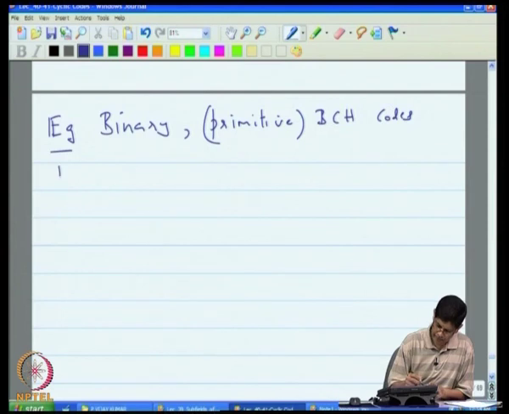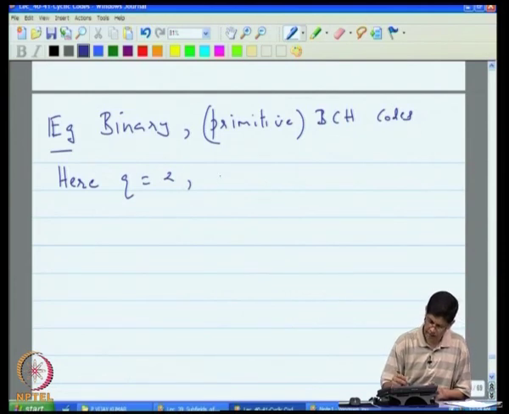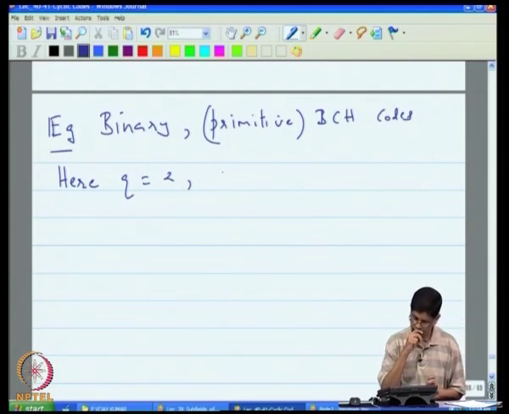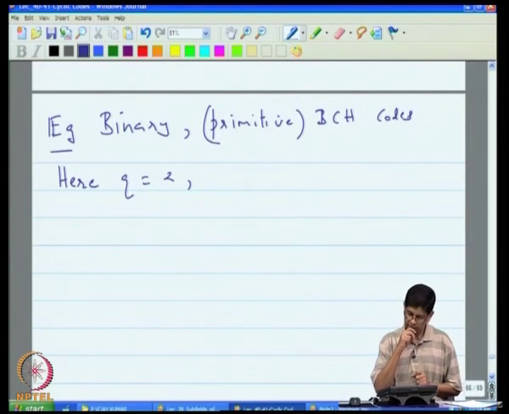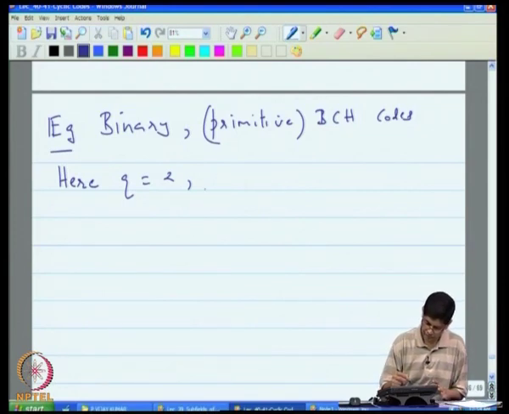Here Q is equal to 2 and n. So, for the primitive case n is of the form 2 to the m minus 1.